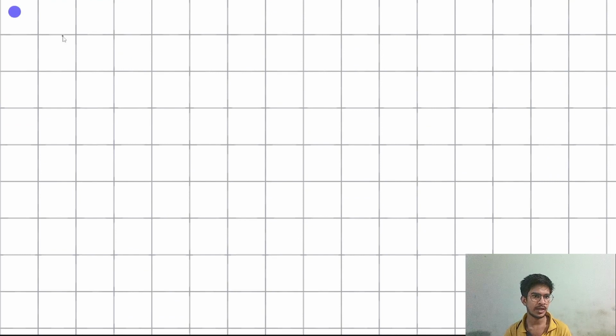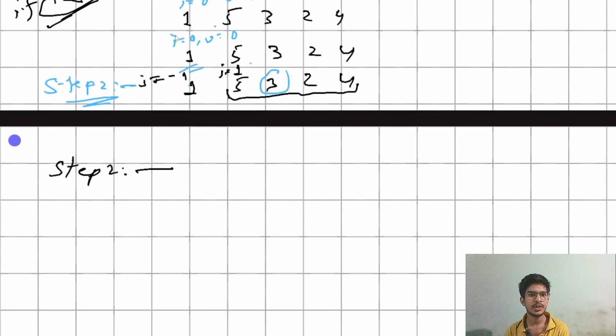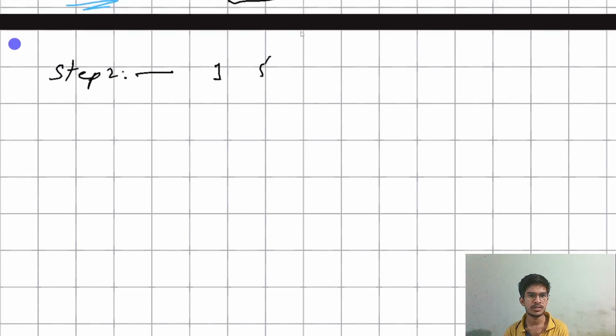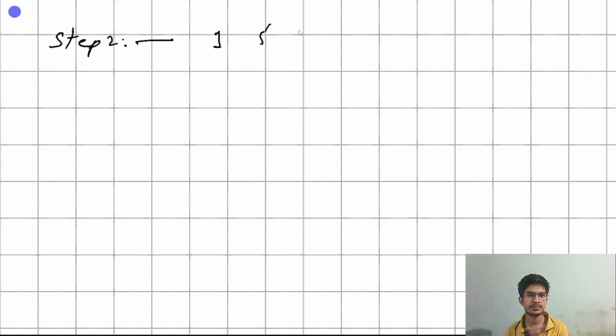So in step 2, what will happen? In step 2, I have 1, 5, 3, 2, 4, right? 1, 5, 3, 2 and 4. So this is already sorted, right?